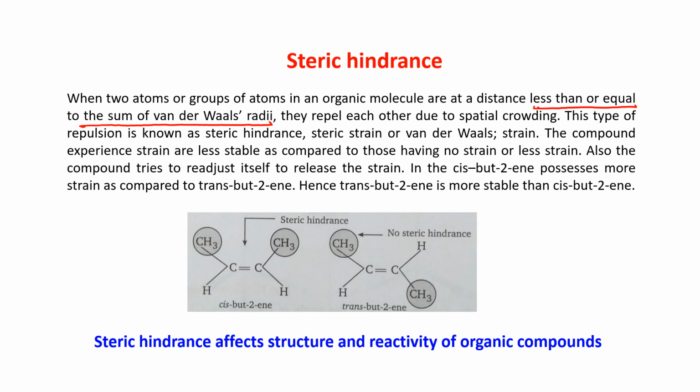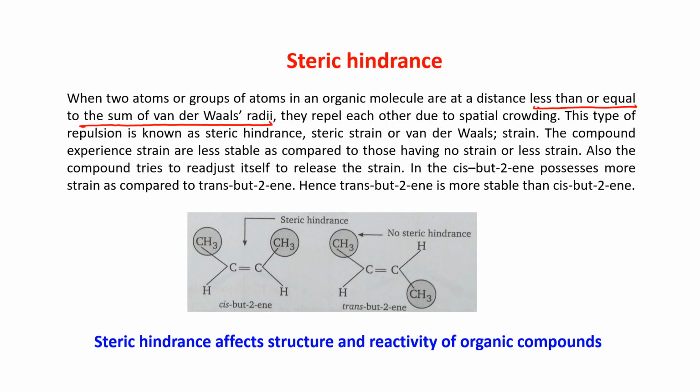This type of repulsion is known as steric hindrance, steric strain, or van der Waals strain. The compounds experiencing strain are less stable as compared to those having no strain or less strain. Also, the compound tries to readjust itself to release the strain.